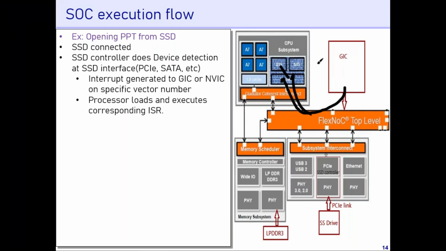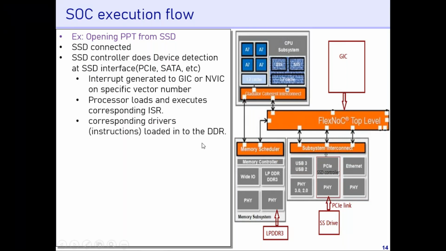So once that interrupt comes, the CPU knows that it is getting an interrupt on this particular vector number. So it knows what the corresponding interrupt service routine is, that is the set of instructions it has to execute in response to the interrupt coming in. So the corresponding drivers, or the interrupt service routine, a set of instructions, are loaded from the DDR and executed, which are already present in the DDR.